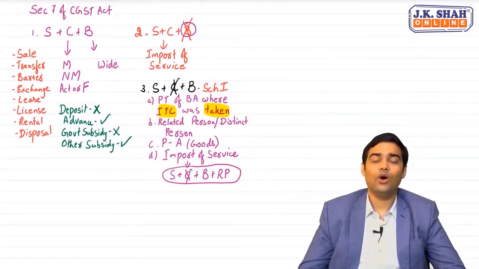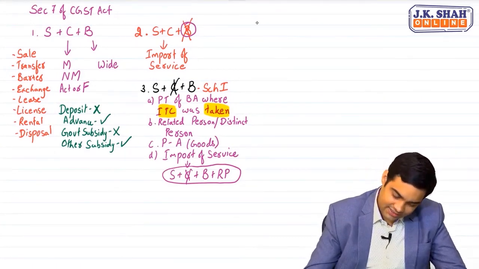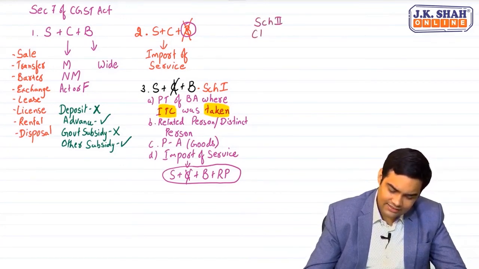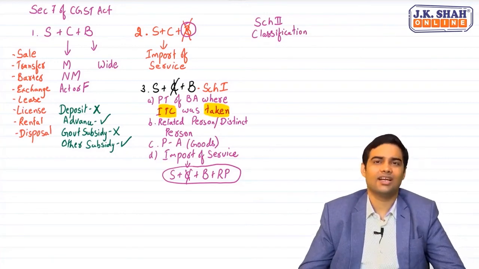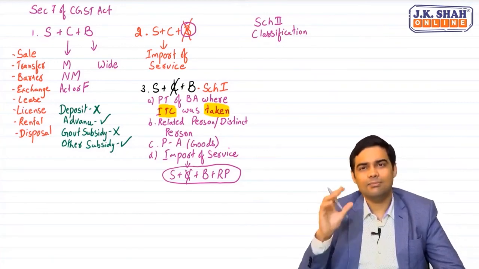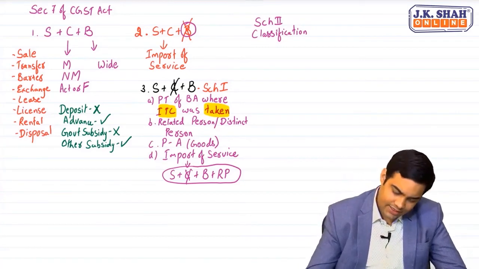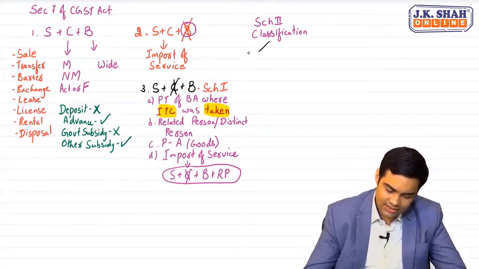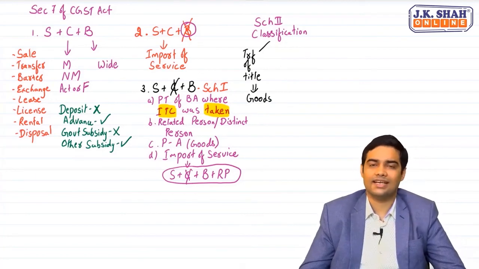Now, what does Schedule 2 deal with? Schedule 2 deals with classification. See, fairly simple. The government has provided that certain transactions would be regarded as supply of goods, certain transactions would be regarded as supply of service. A simple thumb rule: whenever there is a transaction which is a transfer of title, see, the title is getting transferred, then it would be regarded as supply of goods because the ownership is getting transferred.